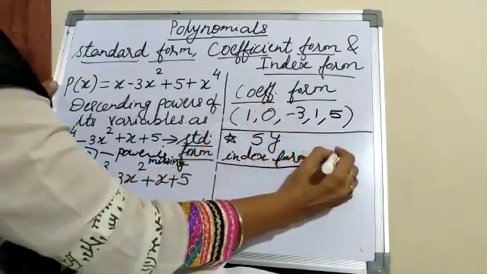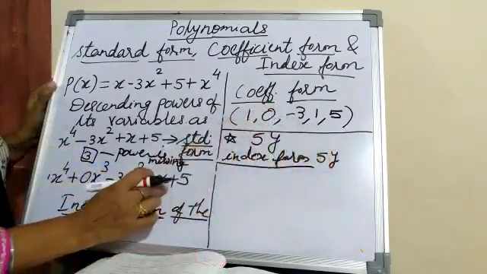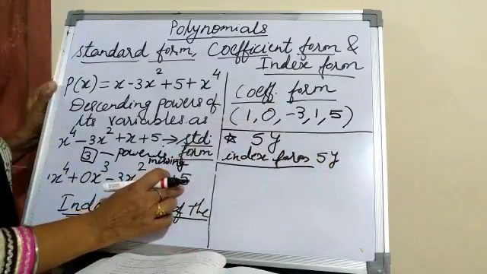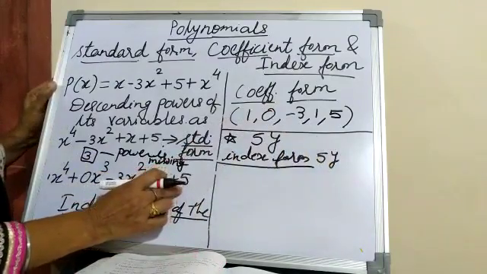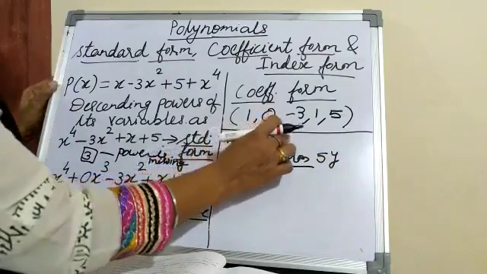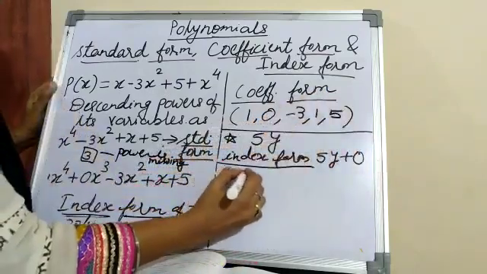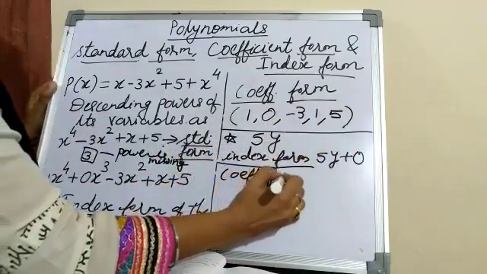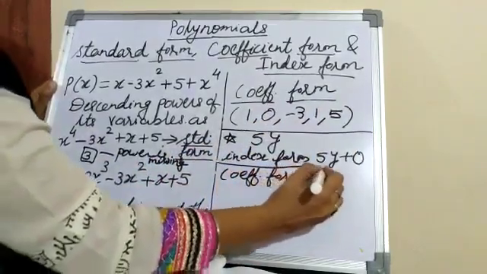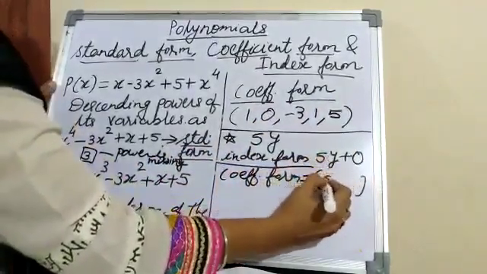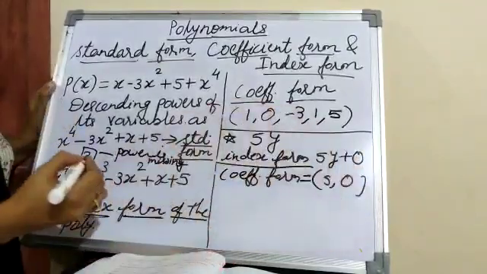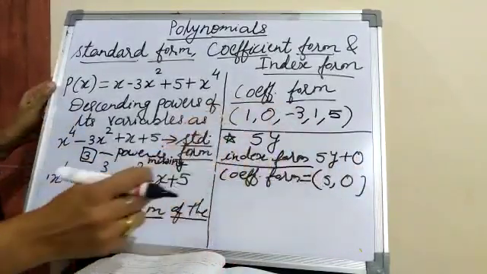So we write that. And then after 1, the constant term should be there. As there is no constant term, what do we put here? 0. So its coefficient form will be: take a bracket and write 5 comma 0. So this is the coefficient form.